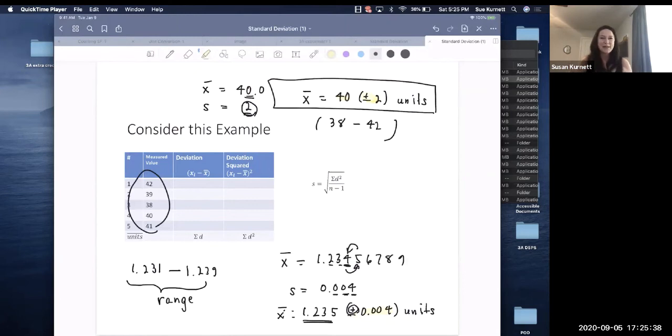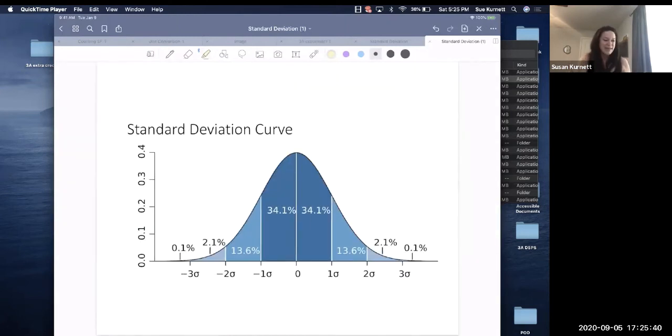So now we're going to talk about a bell curve. A bell curve is this idea where we have this perfect curve that is completely symmetrical. And at the center of the curve, we have what we call average or normal. It is the mean. So this value here, in our case, that would be 40. That was the average we reported.